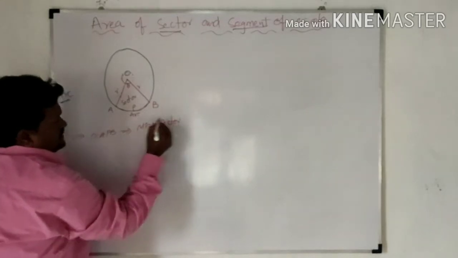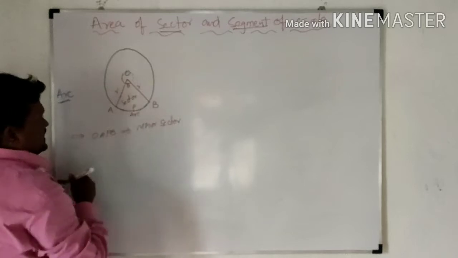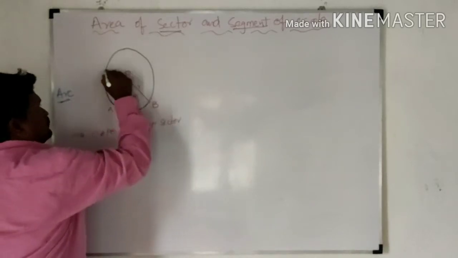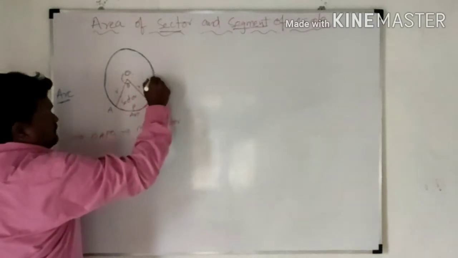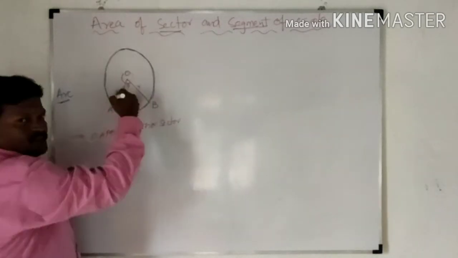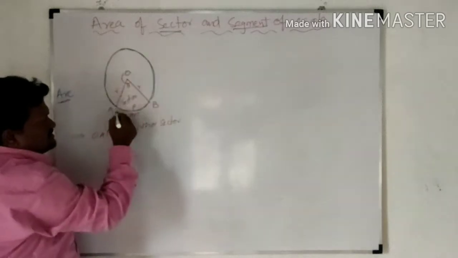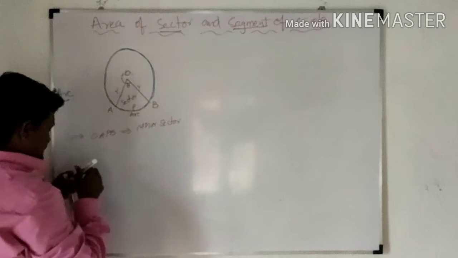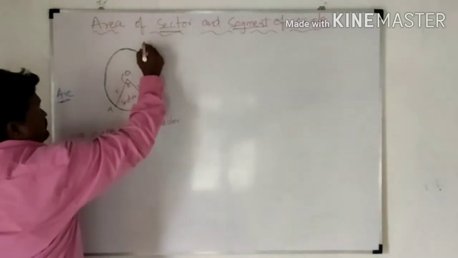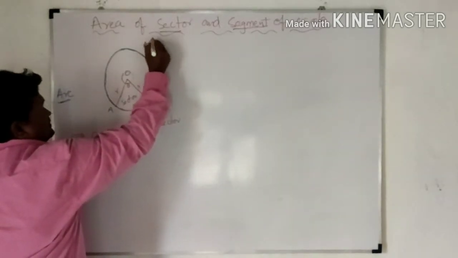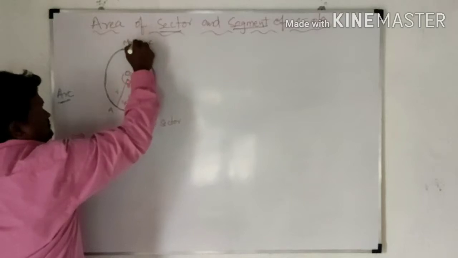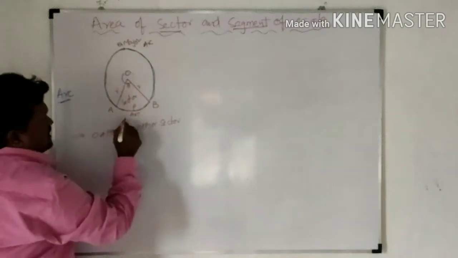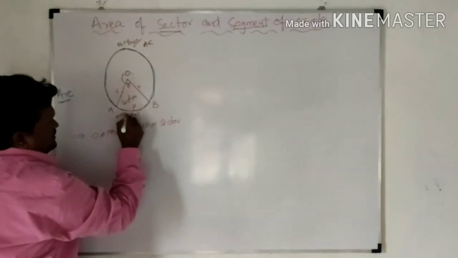Here the arc is also a minor arc, and the remaining arc is also one portion of the boundary of the circle, but it is somewhat big in length. This is small in length. But what type of arc is it? This is a major arc. Let it be Q here. Okay, it is a major arc, and this is a minor arc.